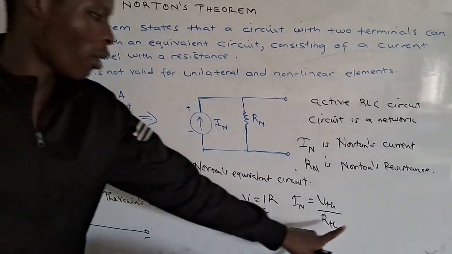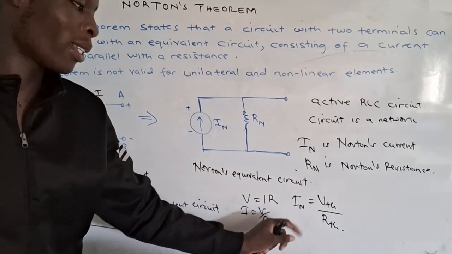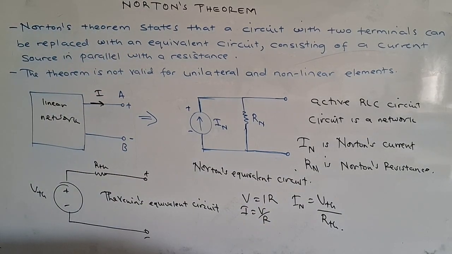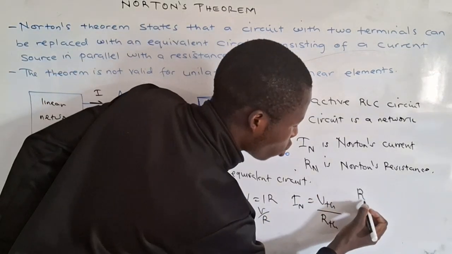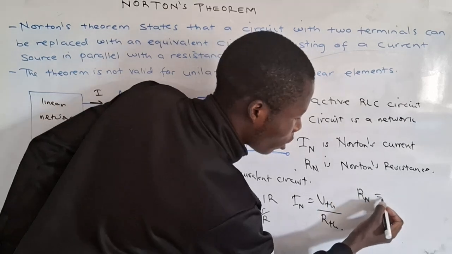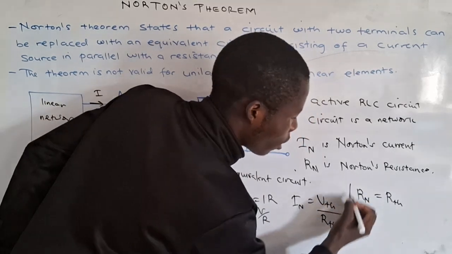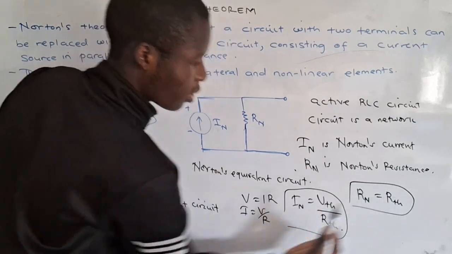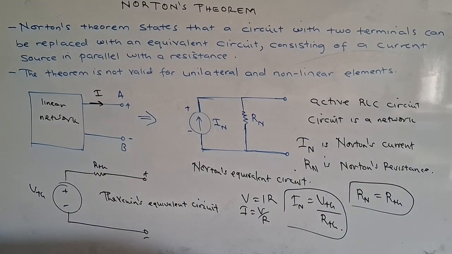So this is how we calculate the Norton's current from Thevenin's equivalent circuit. So it means the Norton's resistance is equal to the Thevenin's resistance.